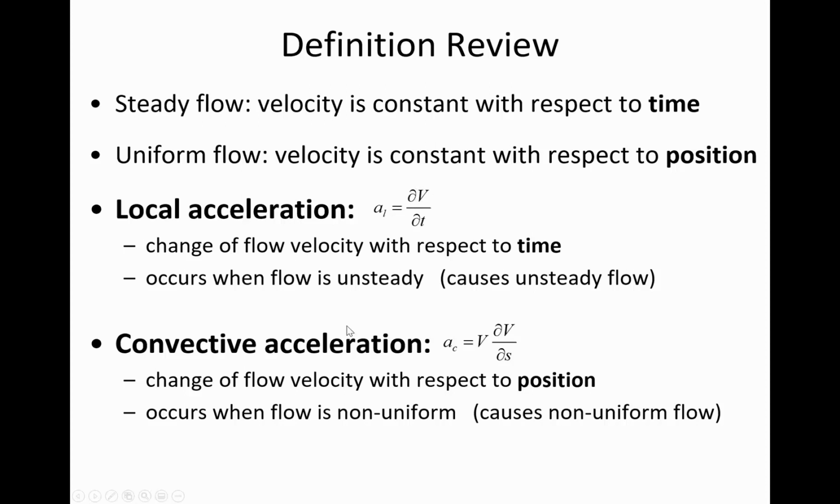Convective, which we've just been talking about, is what causes non-uniform flow, and the formula for convective acceleration is the velocity at a certain location multiplied by the gradient with which the velocity is changing with respect to position. So the dv dx, or here, s is our position term, and so the change in velocity with respect to position.